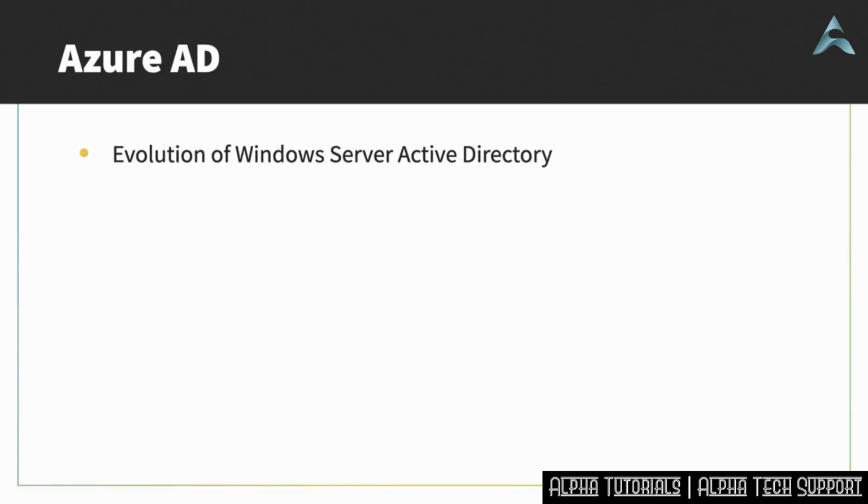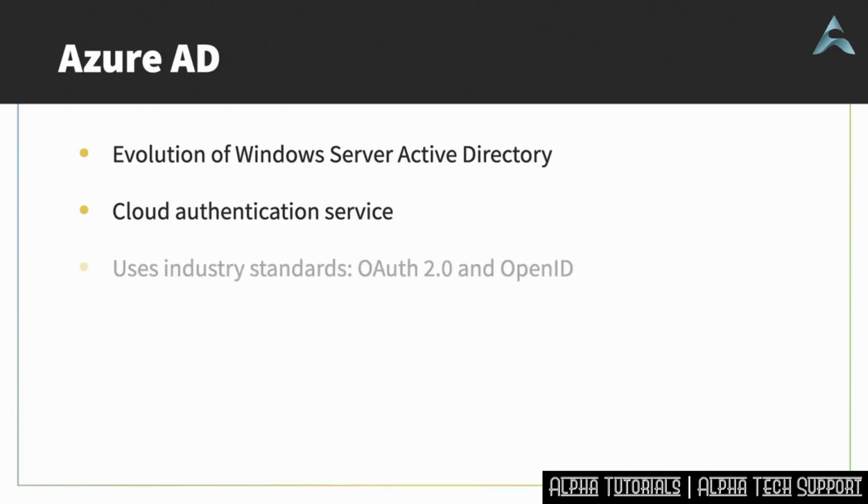But Azure AD is the cloud identity service that we use for all the Microsoft cloud services: Azure, Microsoft 365, Dynamics, etc. Totally based on the cloud, it runs on industry standards like OAuth 2 and OpenID. So basically everything that also follows those industry standards can use Azure AD as their authentication and authorization provider.